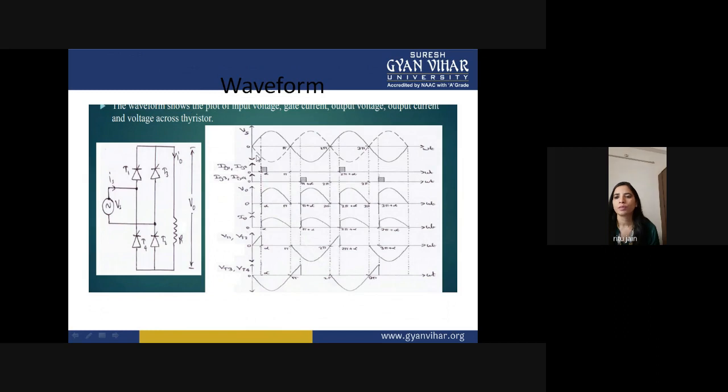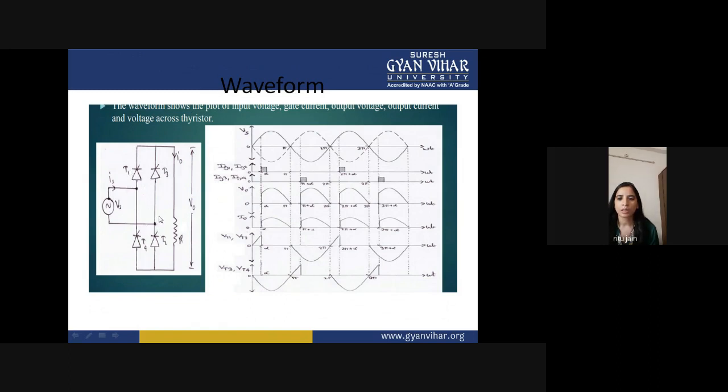First we will discuss the positive half cycle. When the supply is in the positive half cycle, this terminal will be the positive terminal and this terminal will be the negative terminal.